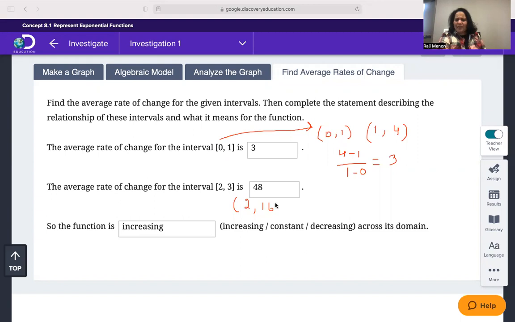And 3 means 64, because the value is changing to 64. Then you do y2 minus y1 over 64 minus 16, which is 48. Okay. So the function is increasing, because first it is 3, then it is 48, right? So that's how you do the whole thing.